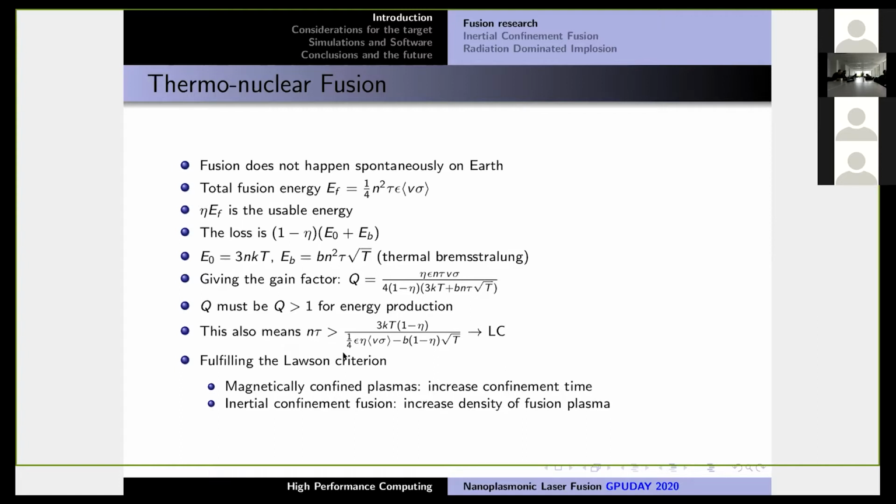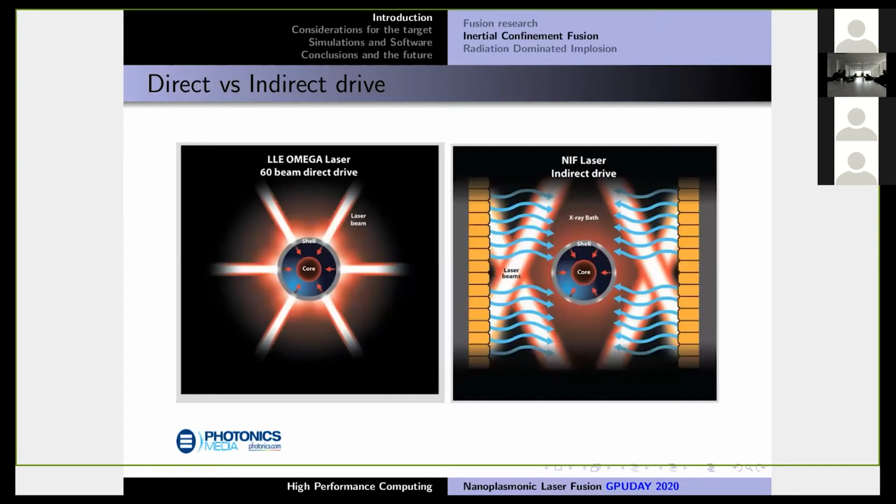Inertial confinement is where the density of the plasma is increased. There are two main directions of inertial confinement fusion as well.